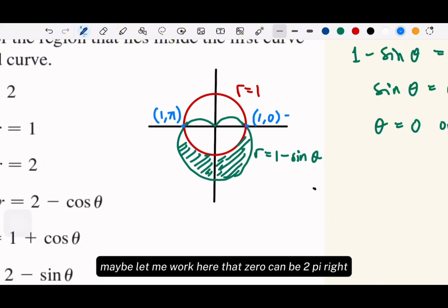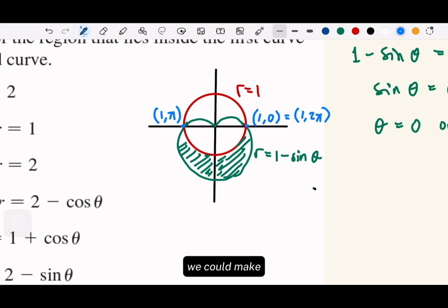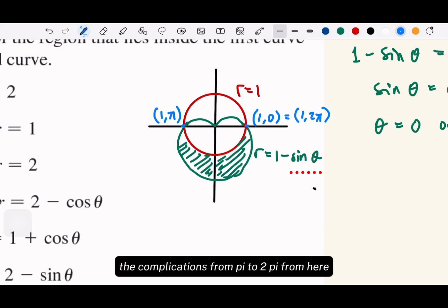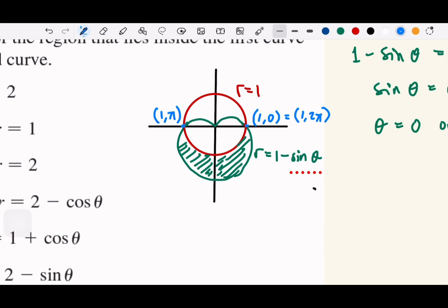Maybe let me write here that 0 can be 2 pi. So we could make the computations from pi to 2 pi, from here to that point.